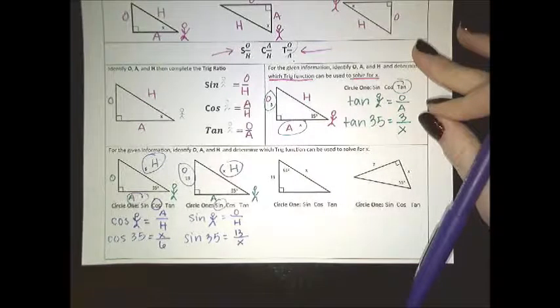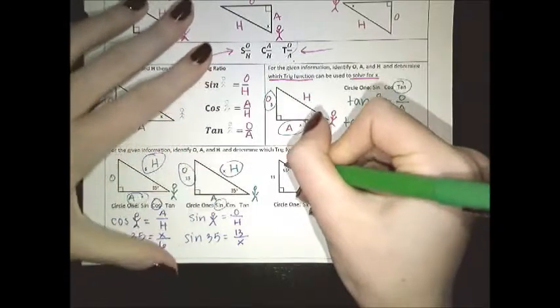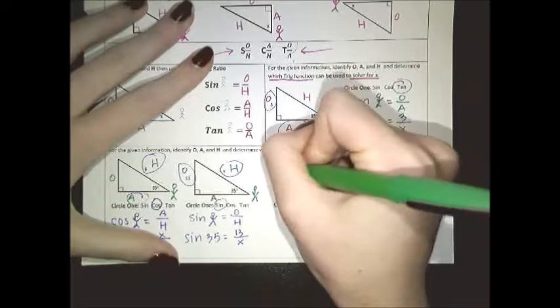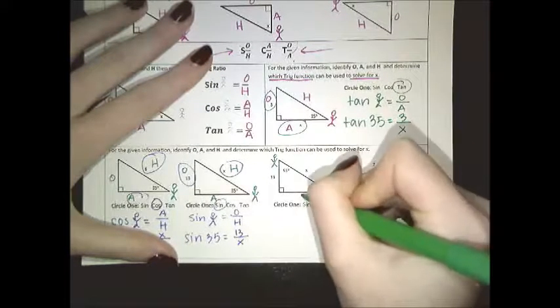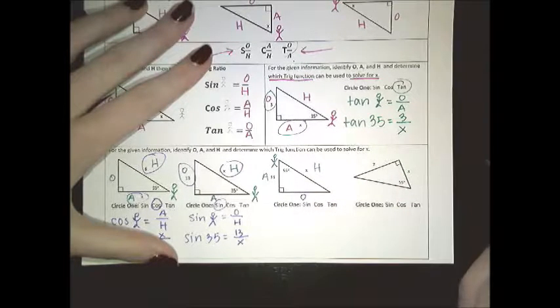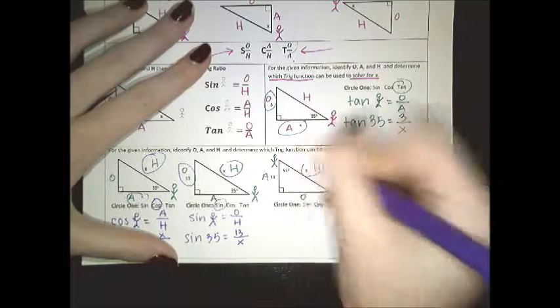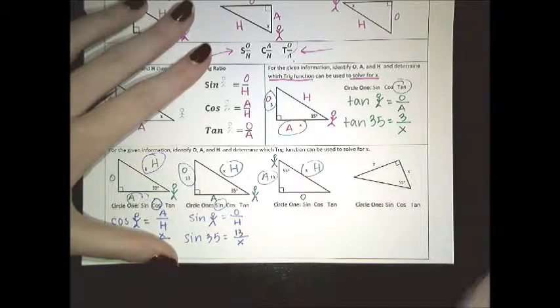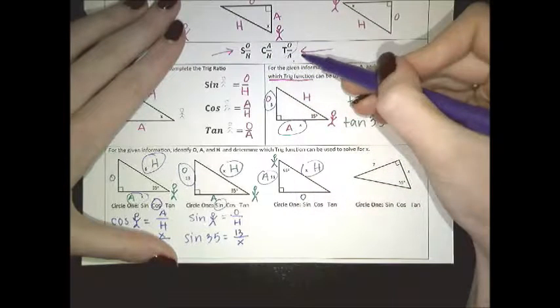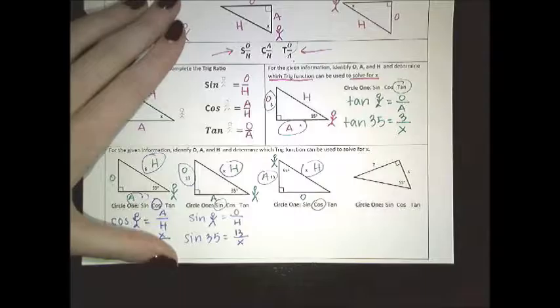All right, let's try the last two here. Focus Frank is moving up here this time, where the 55 is. My opposite, adjacent, and hypotenuse. I can circle where I see my variables and my numbers. A and H tells me that I need to be using cosine, so I can circle cosine.